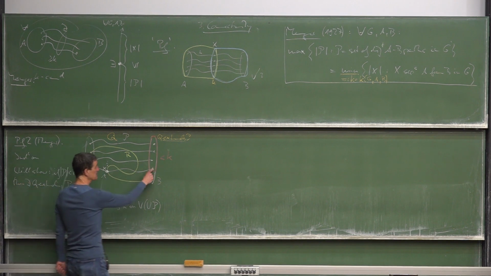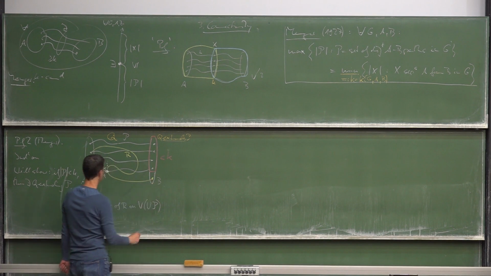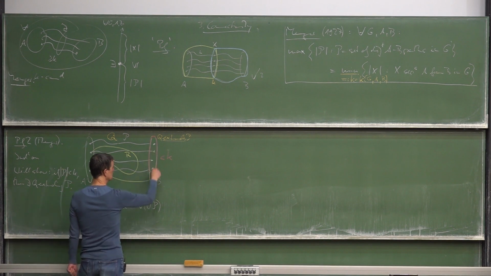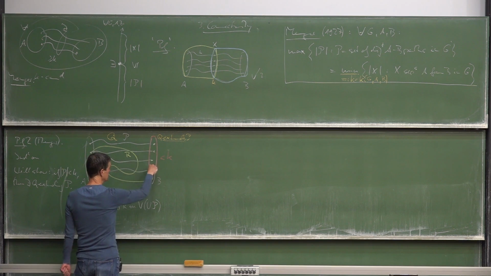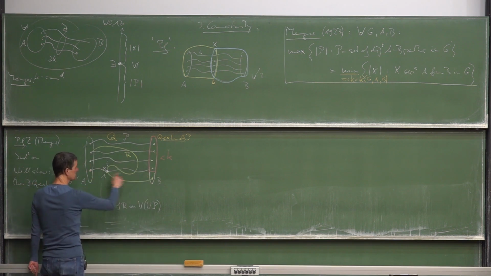This last vertex isn't in B, right? Because this path R gets to B minus the vertices that P has in B. So if it does hit a vertex of P, it's somewhere outside B.